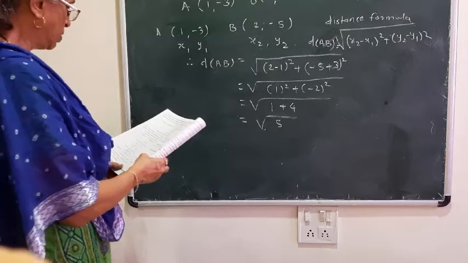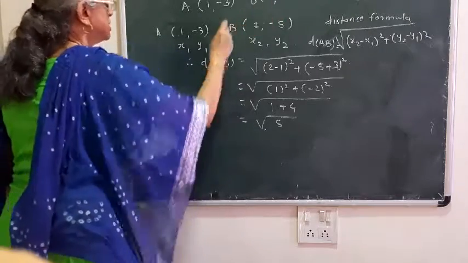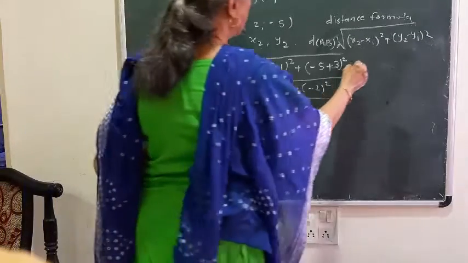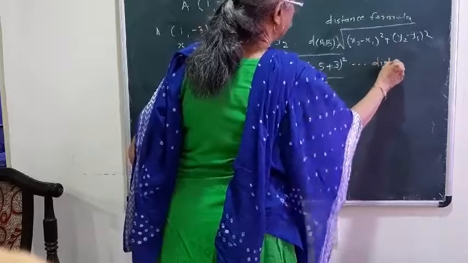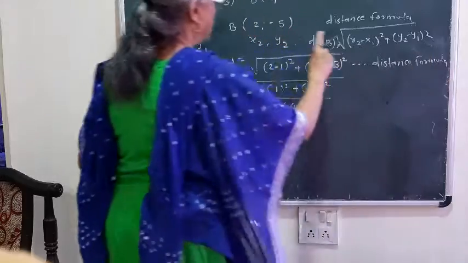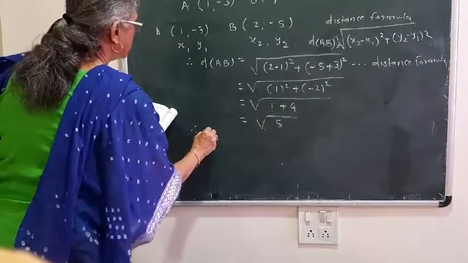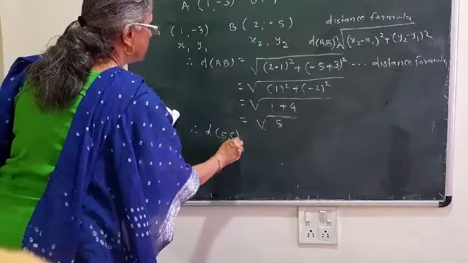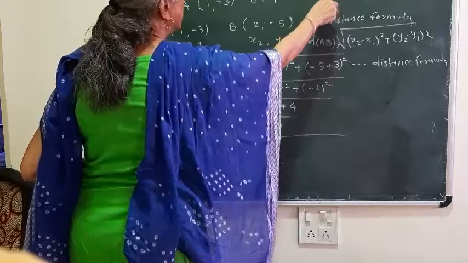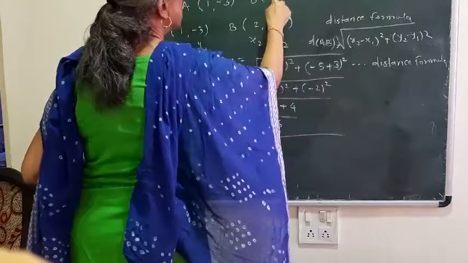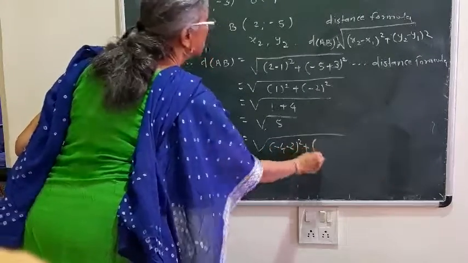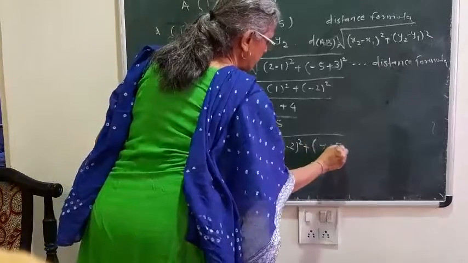Then similarly we are going to calculate DBC and DAC by the same distance formula. Give the reason as by distance formula; it is not necessary to write it every time, you can write it once. Then DBC we are going to calculate. Directly we write B and C coordinates, this is x2, y2, x1, y1. So minus 4 minus 2 bracket square plus 7 plus 5 bracket square.